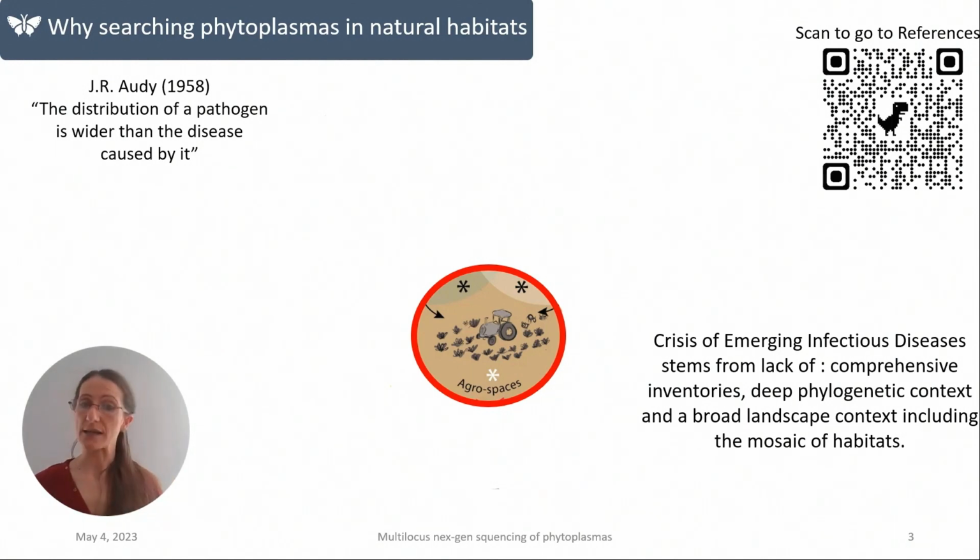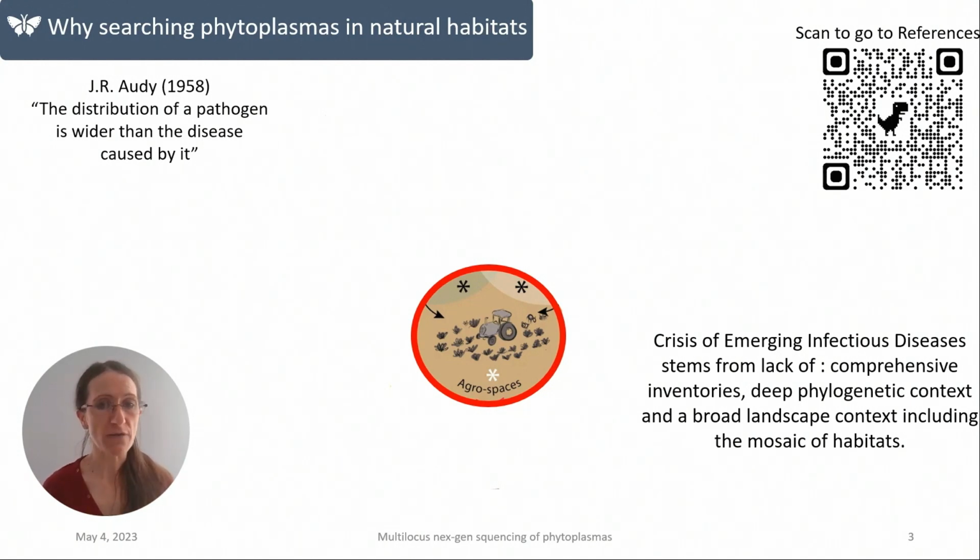He was a medical entomologist, and in 1958, he recognized that the distribution of a pathogen is wider than the disease caused by it. This is a really fundamental point when we start to think about how diseases present themselves in places and hosts that were not known before across the biosphere.